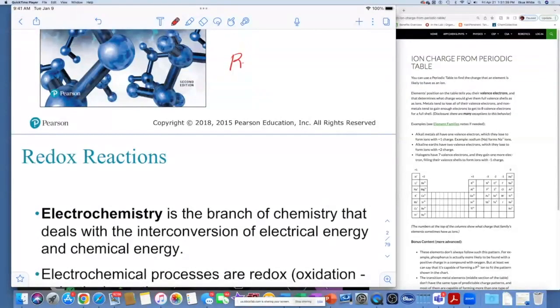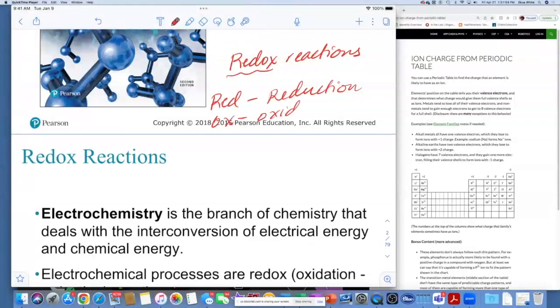So in 1411, you should have covered redox reactions. Okay? And if you remember redox reactions, red stands for reduction, and ox stands for oxidation.